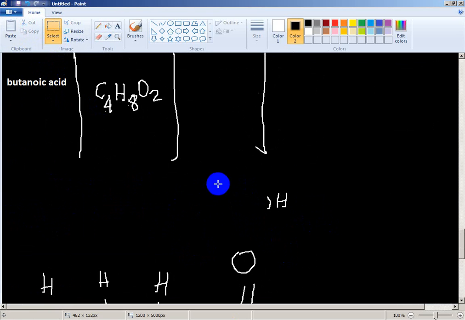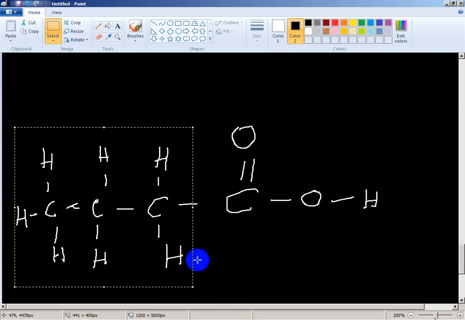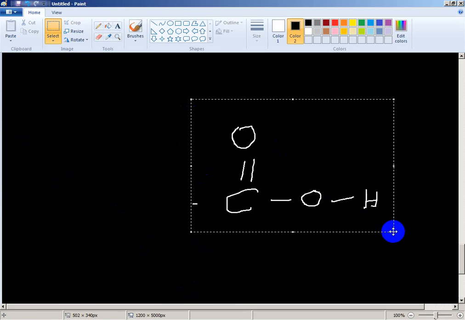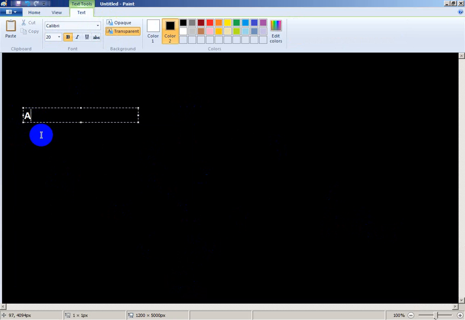I taught this in the acid, base, salt chapter. When acid reacts with metal, which substance forms?